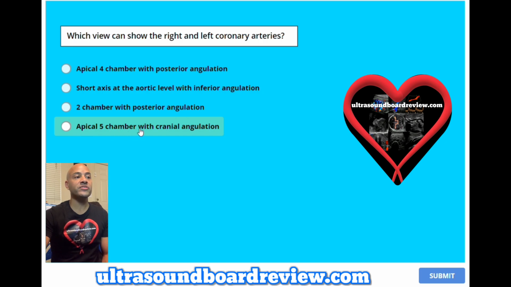Or D, apical five-chamber with cranial angulation. The answer is D, apical five-chamber with cranial angulation.